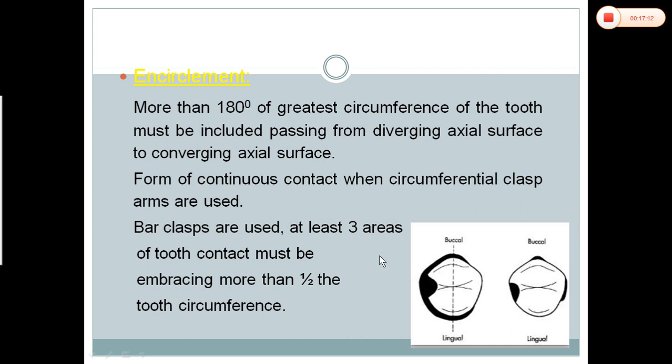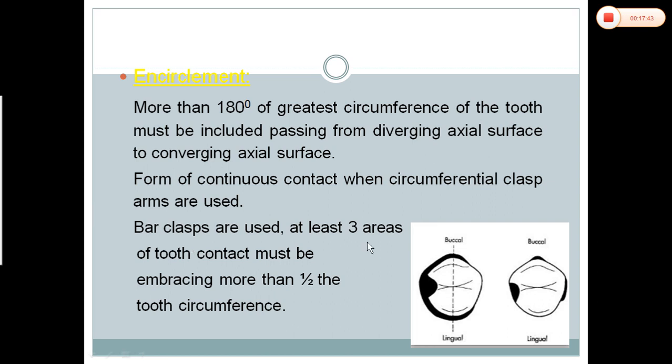More than 180 degrees of the greater circumference of the tooth must be included, passing from the diverging axial wall surface to the converging axial surface. Continuous contact can be obtained in a C clasp or Akers clasp, whereas in a bar clasp or Roach clasp we see discontinuous contact.